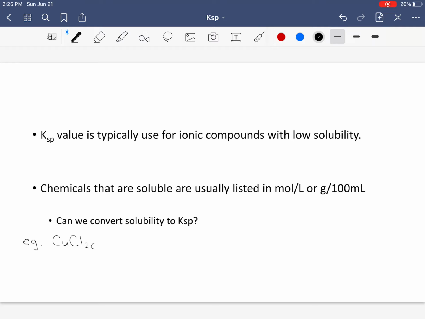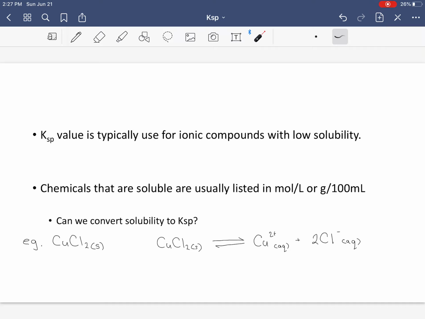Copper 2 chloride dissociates in water as an equilibrium to give you Cu2+ and 2Cl-. Okay, obviously these will be aqueous because they are dissolved in water. So if you put copper 2 chloride in water, what you'll find in water is Cu2+ and Cl-, as long as you don't go over the saturation point, right?